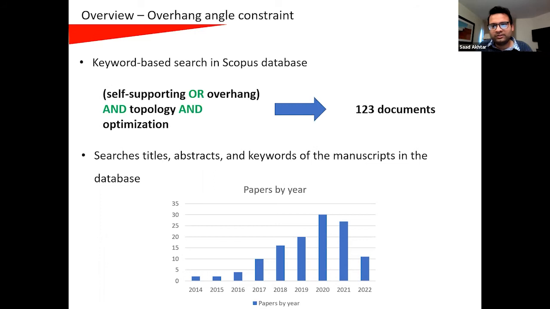There are a lot of open questions in the area, and most of this literature, by the way, pertains to structural problems rather than thermal problems, or thermofluid problems, even worse. We didn't even find a single paper that tackled the overhang angle constraint implementation within the thermofluid problem, and we found just one or two papers that incorporated it in thermal problems. So there's a lot of room to explore incorporating these constraints within the thermal and thermofluid problems.